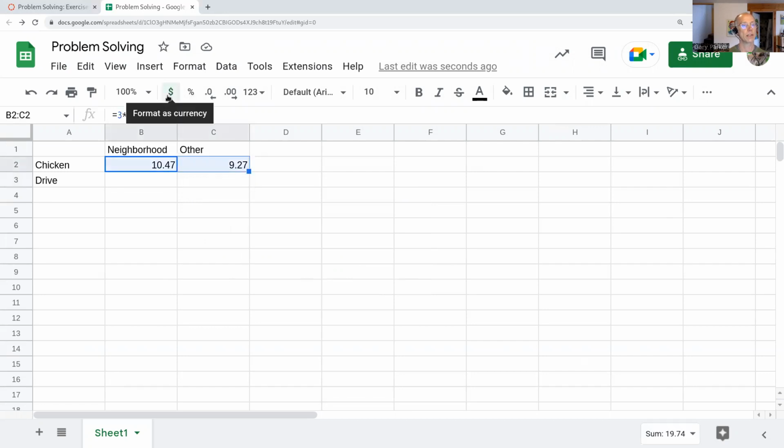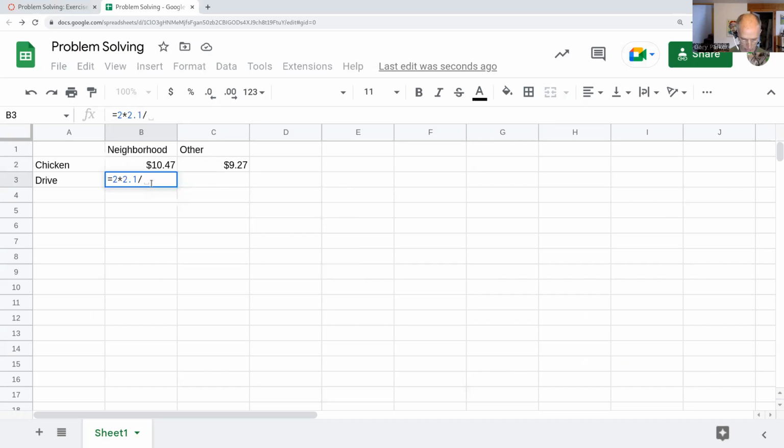Let's make those dollars. All right, the drive, this one was 2 times 2.1 divided by 26. I use the slash to divide. Asterisk is times. My cost was 3.74. Yours might be a little bit different. And again, dollars.